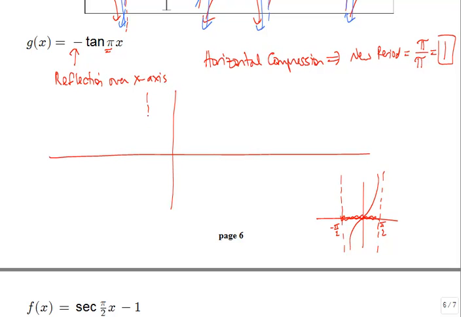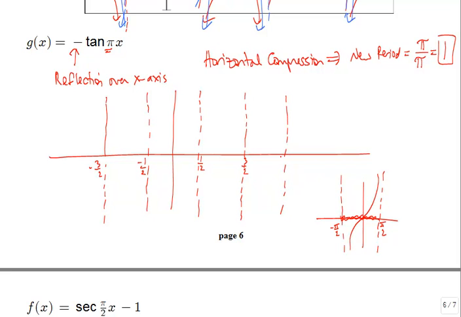So if I want this distance between these two asymptotes to be 1 across to fit my period, then that would mean this would have to be at a half, and this would have to be at negative a half. So that's how you figure out what your scale should be. And that means the next one over would be 1 away, so this would be 3 halves, and so on. Okay, so this would be negative 3 halves. So each of these asymptotes is 1 apart from the next one.